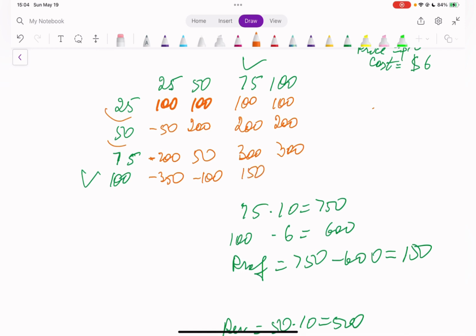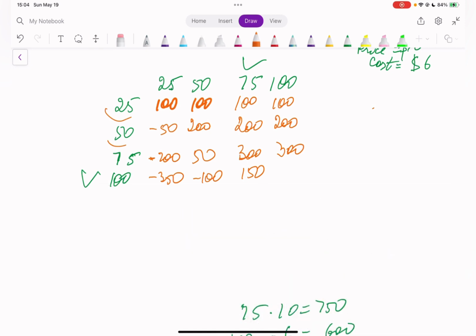So it depends on demand and supply. And lastly, 100 revenue. Here we are. 100 times 10 is 1,000, and 100 times 6, 600, and profit is going to be 400.